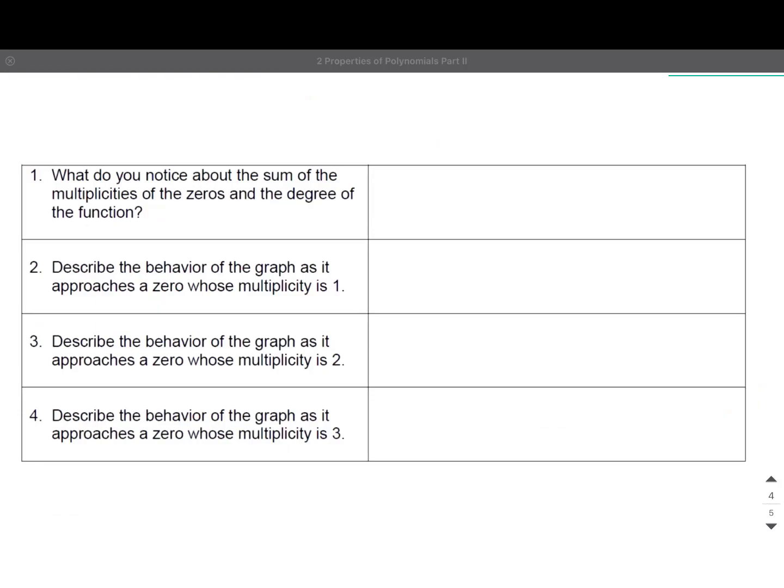And one of the other things we need to remember is that the sum of the multiplicities of the zeros and the degree of the function are equal. So if you have a fourth degree polynomial, you don't have to have 4 x-intercepts, but the multiplicities of the roots will give you the same degree.